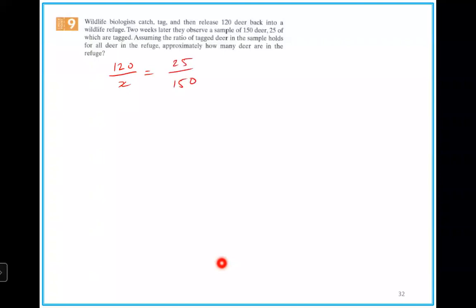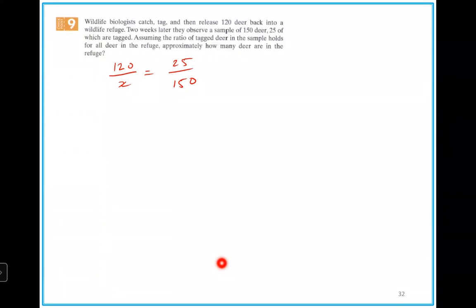Before you get there, the 120 is the amount that you tagged. And X is the amount that you're trying to figure out, how many in the population. And the 25 is the ones that you observed with tags in your sample. All right. So now you do your cross multiplication.